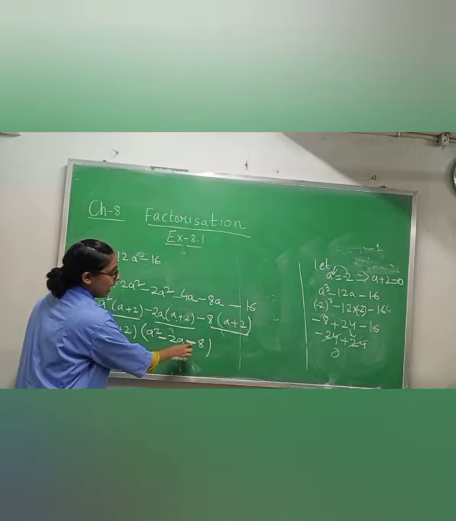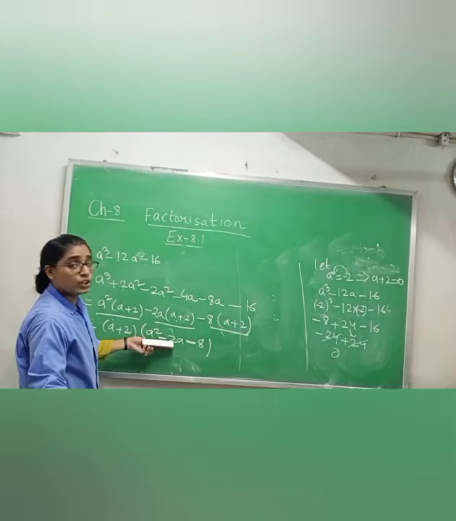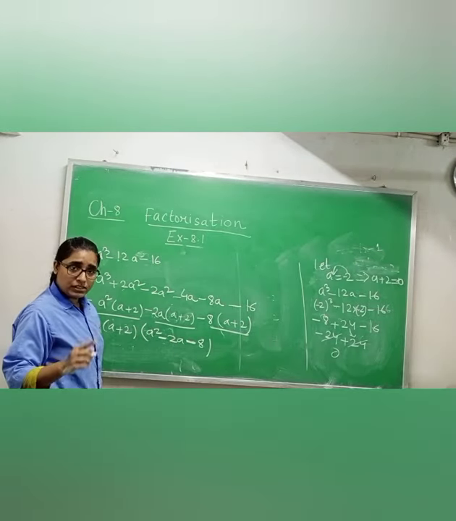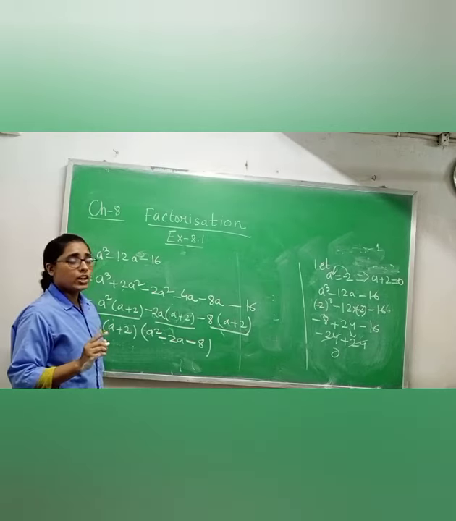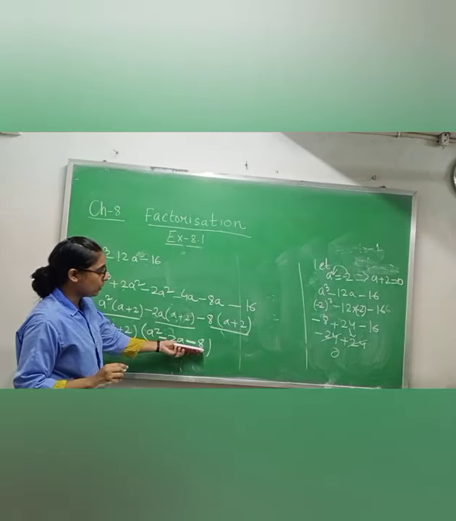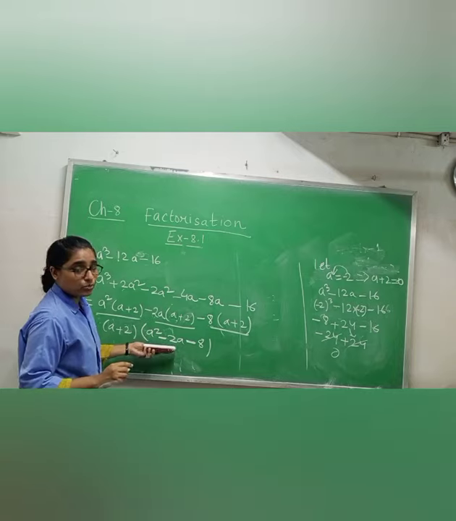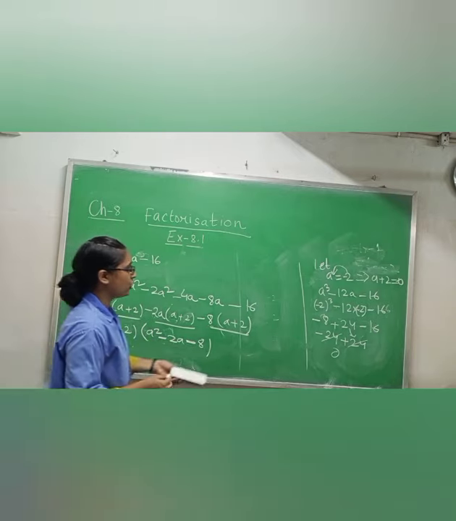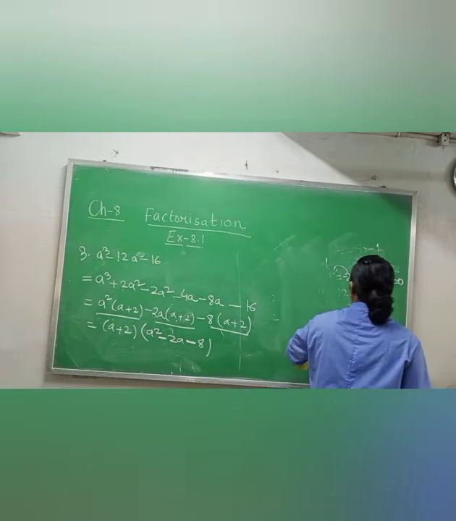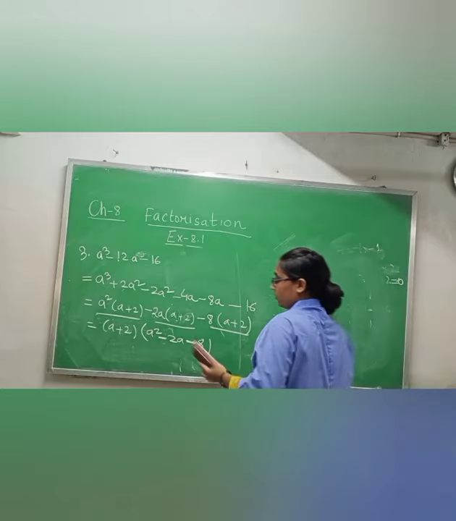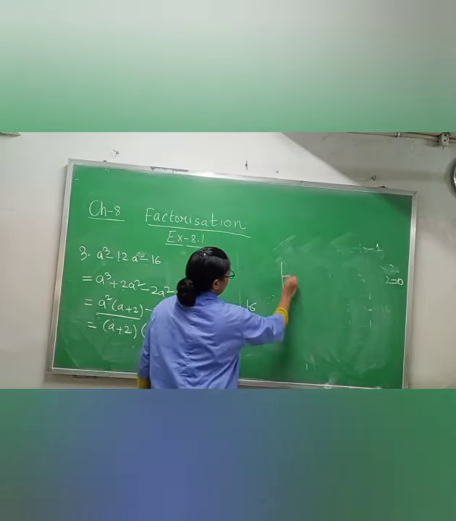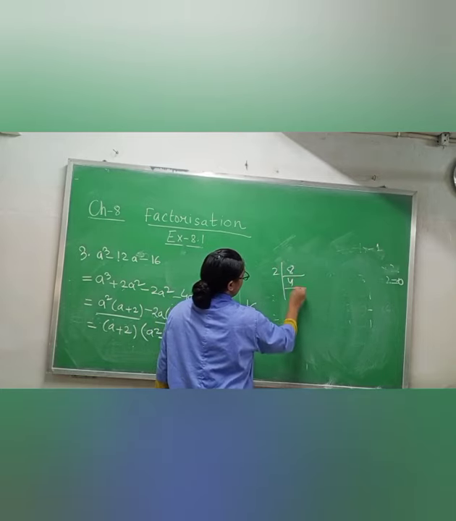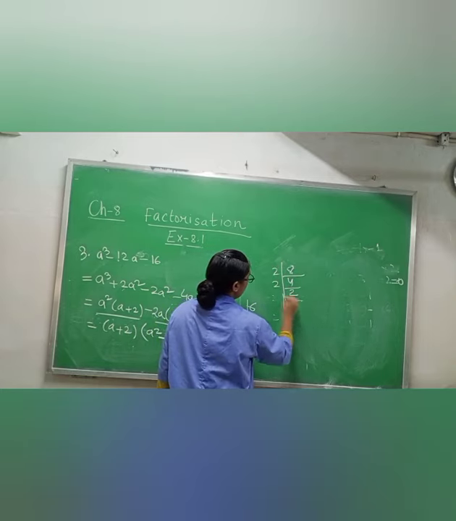Means 8 into 1, 8, you have to take the LCM of 8, and after subtraction sign you will see this one side. After subtraction you must get 2. Means after multiplication you must get 8 and after subtraction you must get 2. Now how you will do? 8 LCM I am taking. 2 4s are 8, 2 2s are 4, 2 1s are 2.